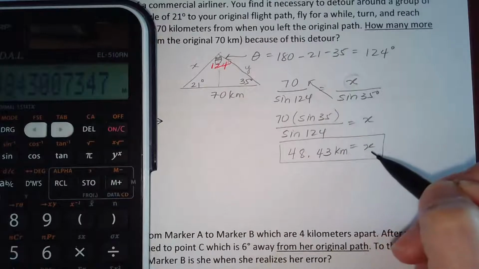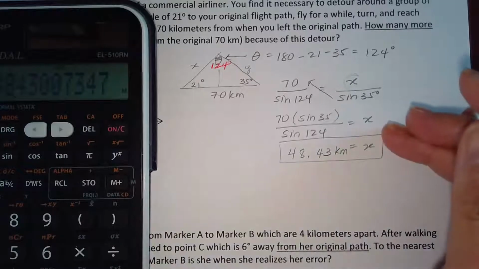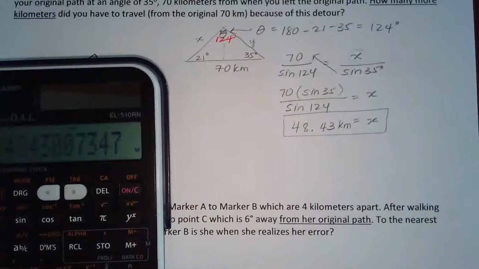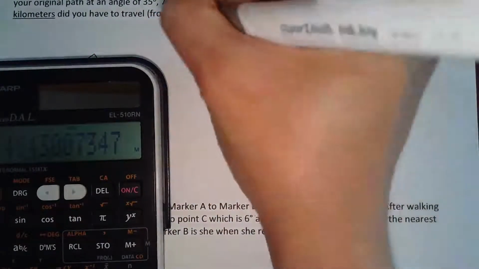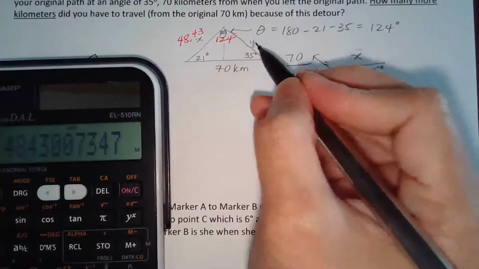We don't have to do anything else, we don't have to do any square root, because this is just the X. So that's the X: 48.43 kilometers.